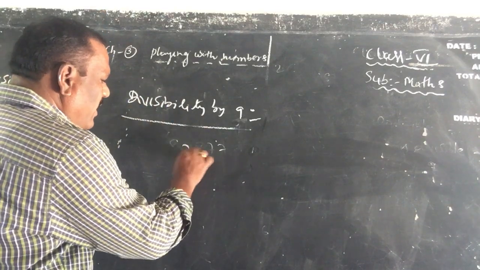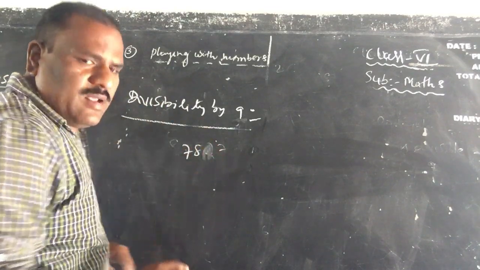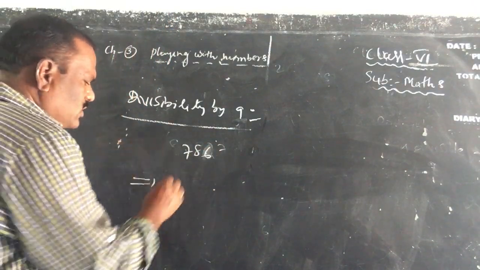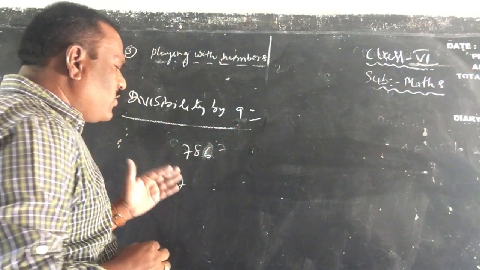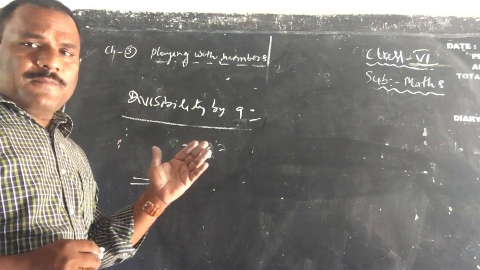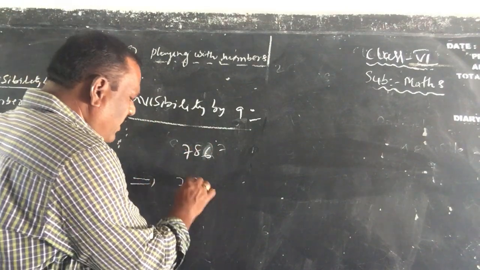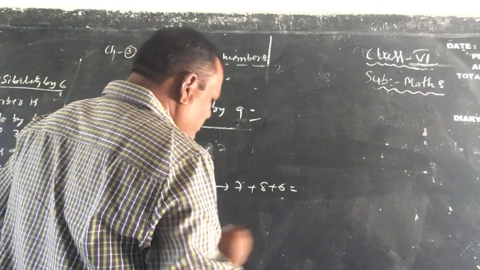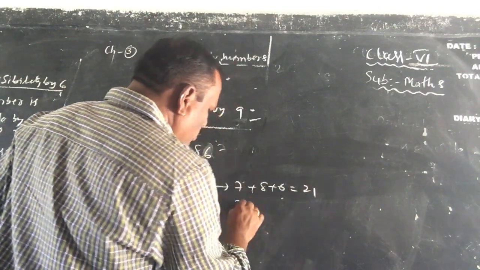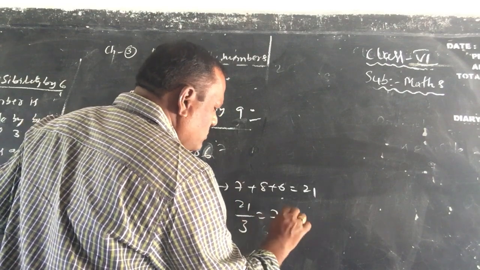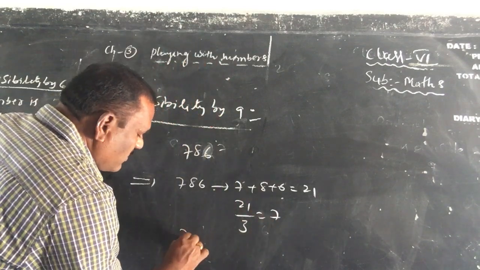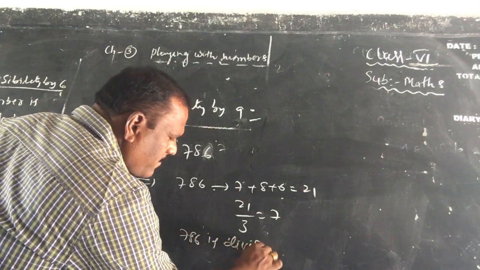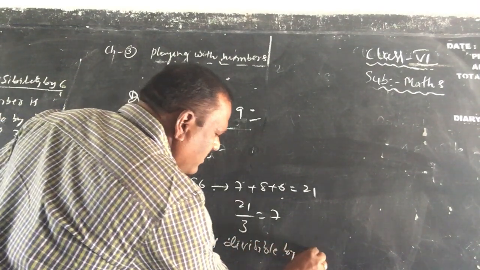First, check whether this number is divisible by 3 and 9. 786 gives us 7 plus 8 plus 6 equals 21, children. 21 divided by 3 equals 7, so 786 is divisible by 3.